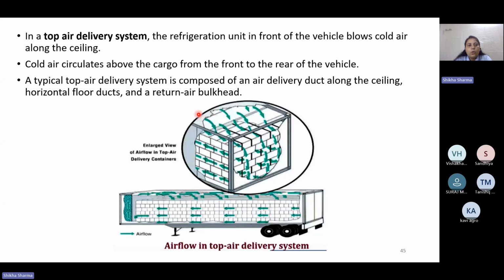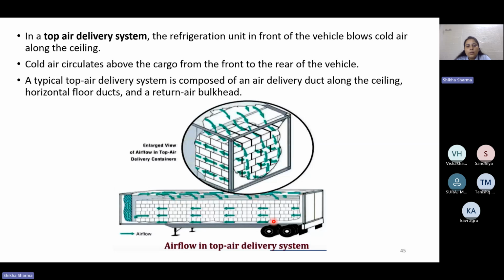Cold air circulates above the cargo from the front to the rear of the vehicle, and a typical delivery system is composed of an air delivery duct along the ceiling, then horizontal floor ducts and a return air bulkhead.